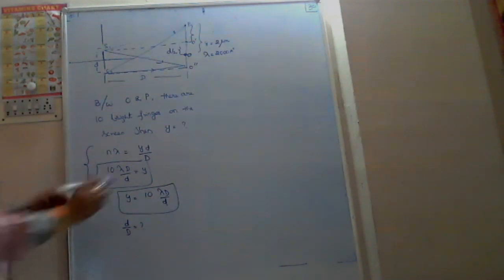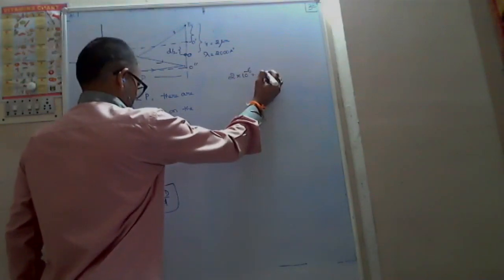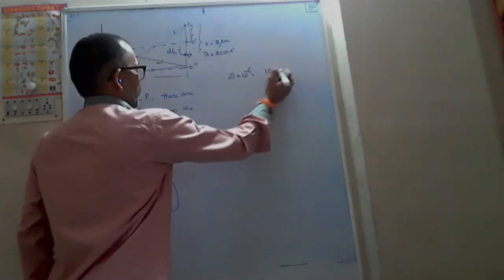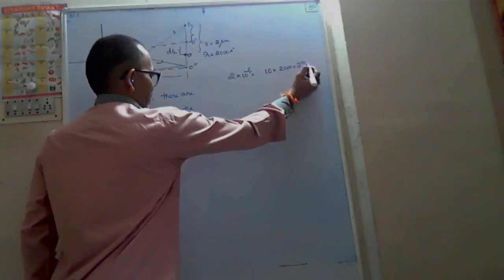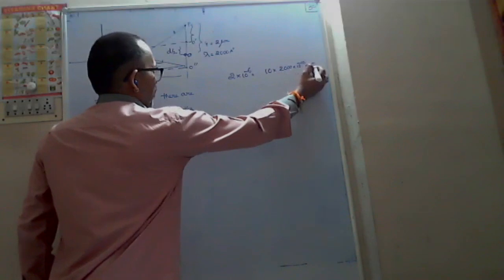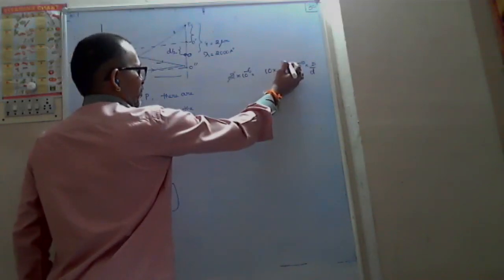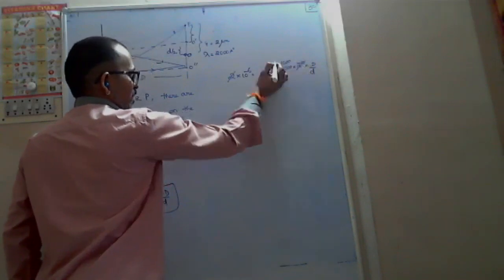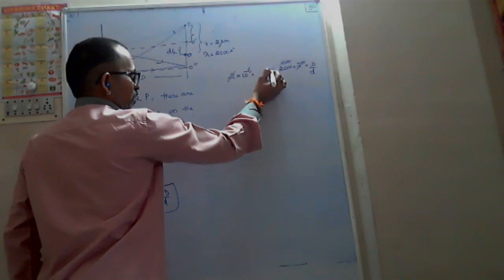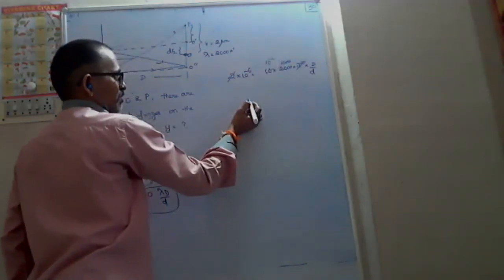2 into 10 power minus 6 by 10 into 2 into 10 cube. Okay, 10 into lambda, I am writing 2000 into 10 power minus 10. Okay, D by d. This is 10 power minus 10, this is 10 power 4, and this is 10 power minus 6.